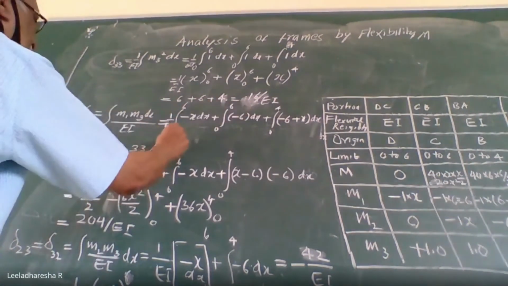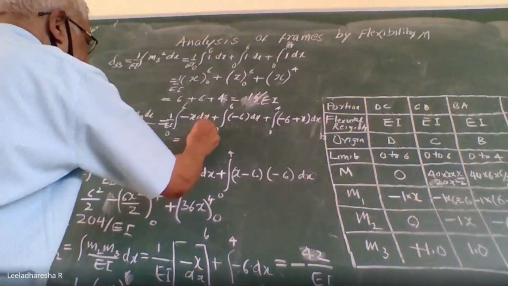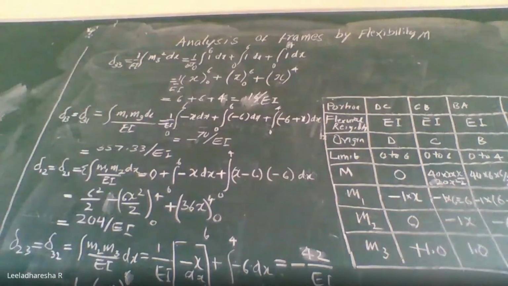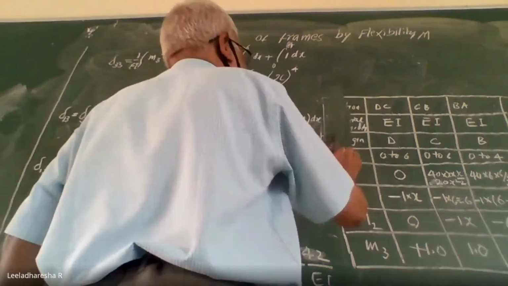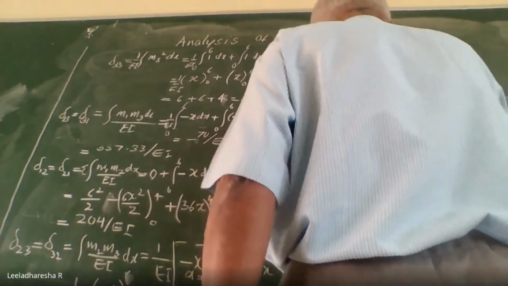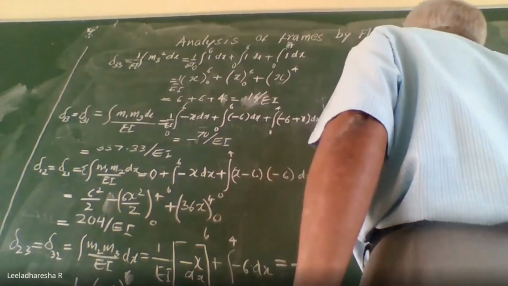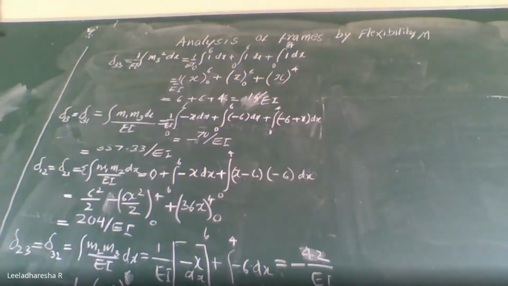Now integrating and substituting the limits, you are going to get minus 70 divided by EI. See, now all the 9 elements of the flexibility matrix we determined. Next we'll use the compatibility equation for obtaining the unknown forces, that is horizontal reaction at D, then vertical reaction at D, and moment at D.